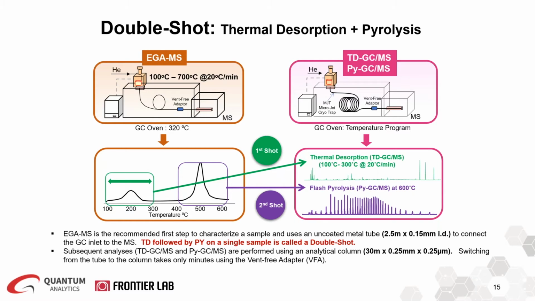This is called a double shot because you first perform thermal desorption, thermally extracting lights and additives from the sample, and then flash pyrolysis on the same sample to identify heavier and polymeric fragmentation.